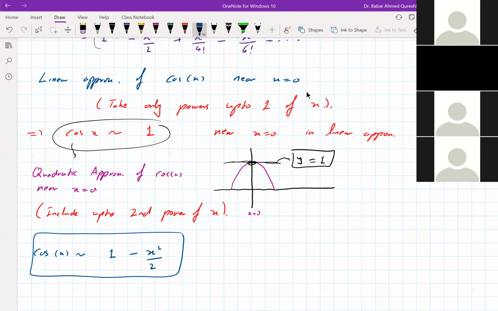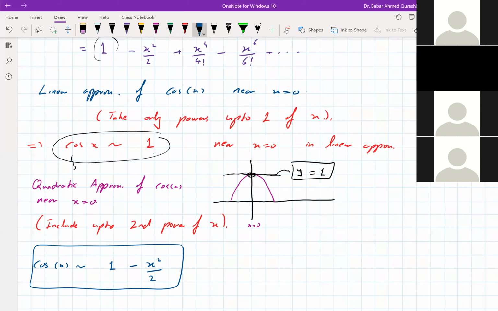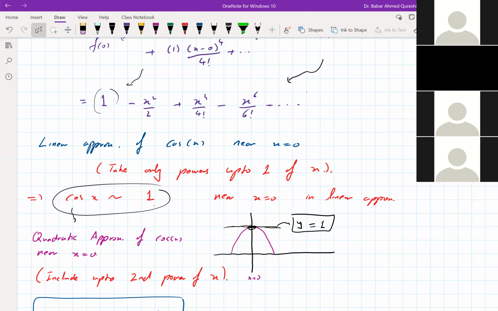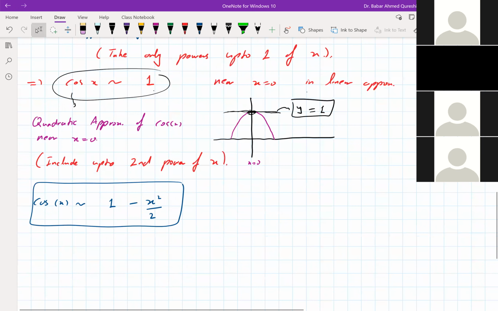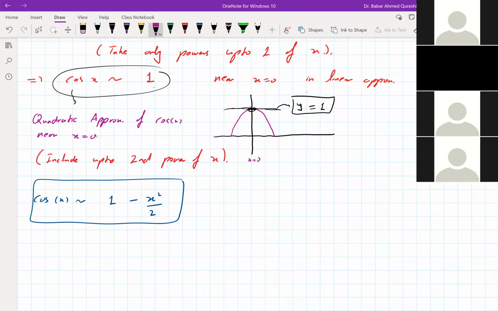If you want to find an approximation near some other point, then you will have to expand it around that point. So let's do it around pi by 4. So let's say problem.